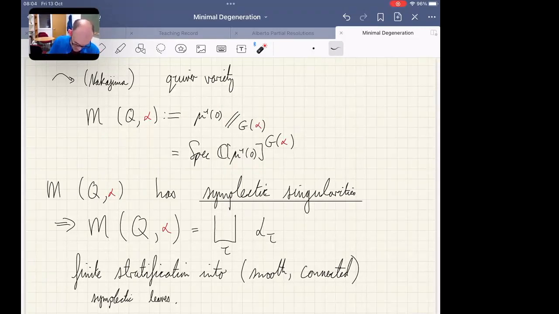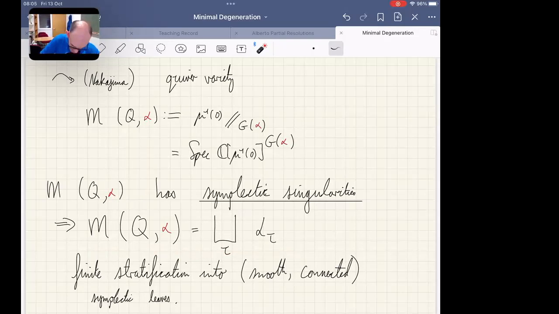And the key thing for us is that these quiver varieties have symplectic singularities. So in particular, that means that the Poisson structure is generically non-degenerate, and the quiver variety will decompose into a finite union of symplectic leaves.